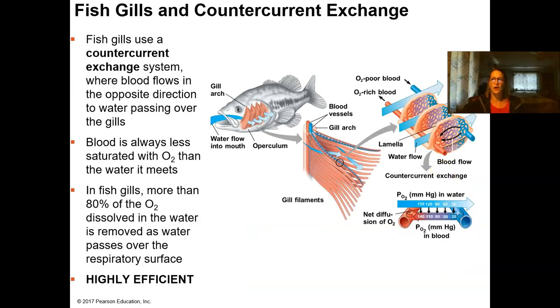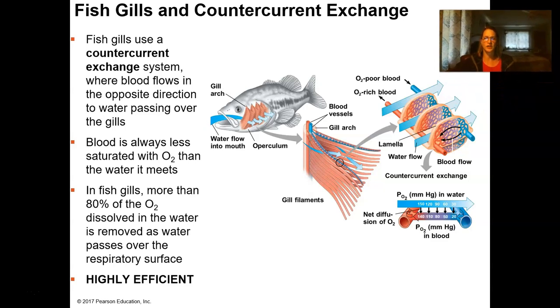Fish gills are super efficient. They use something called countercurrent exchange, and this is going to be really different from the way lungs work. I don't want you to stress about it too much because these figures are kind of confusing.